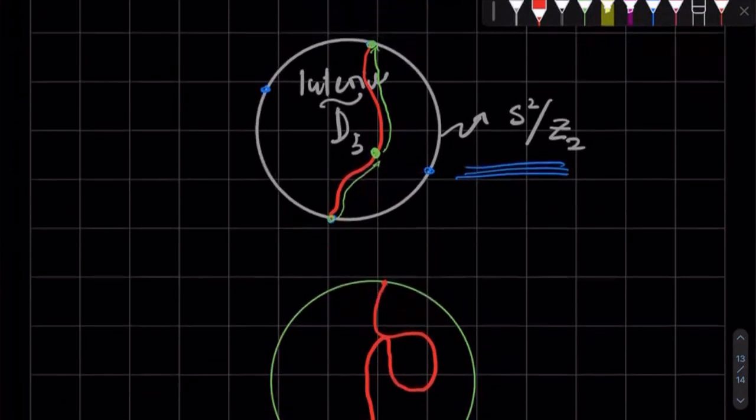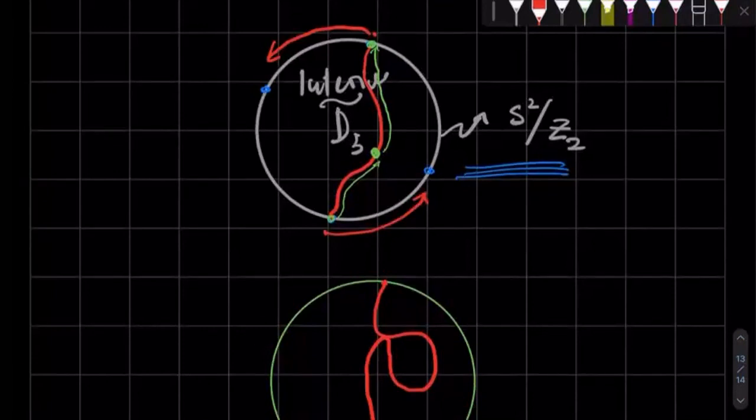Another thing we can try is to bring this point to this point, so we start moving this point in this direction. But because opposite points are identified, this point then starts moving in the opposite direction. So we get this really weird thing where you can't really catch yourself because these two points are the same point. So this curve, it turns out, cannot be shrunk to a point.